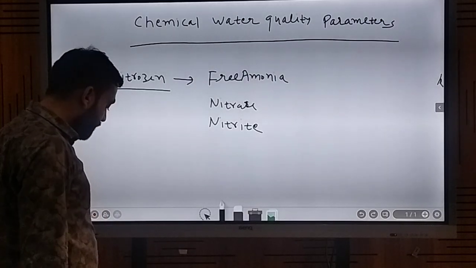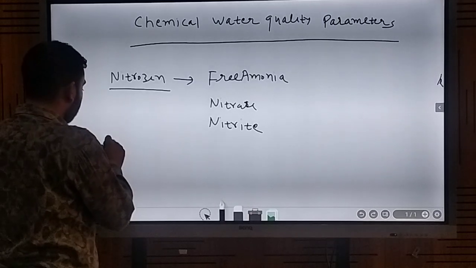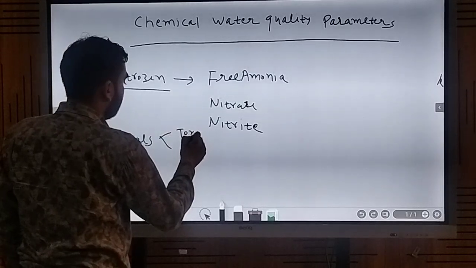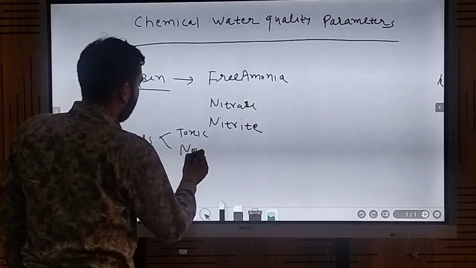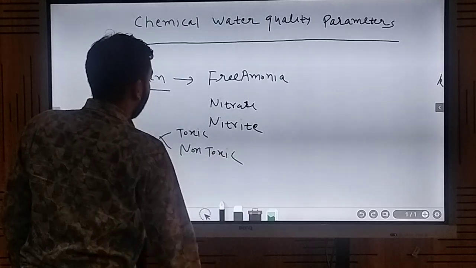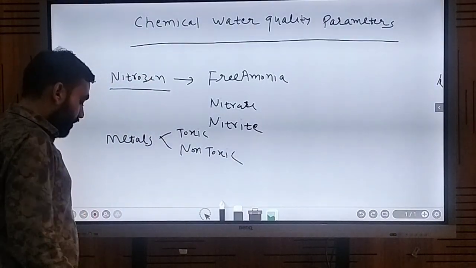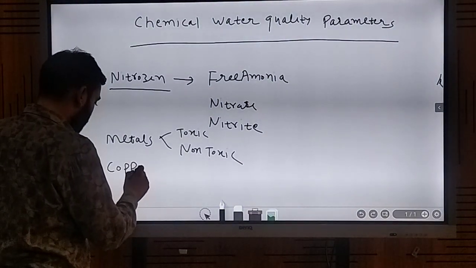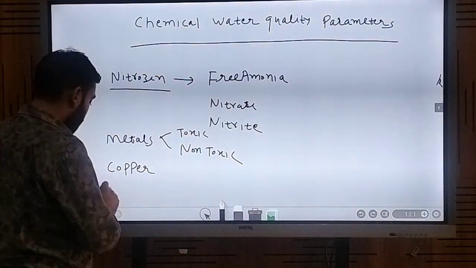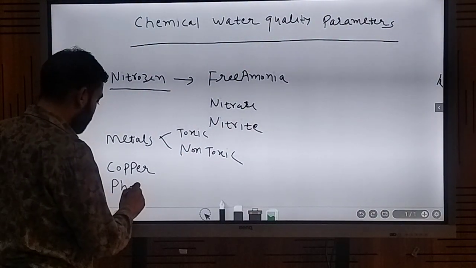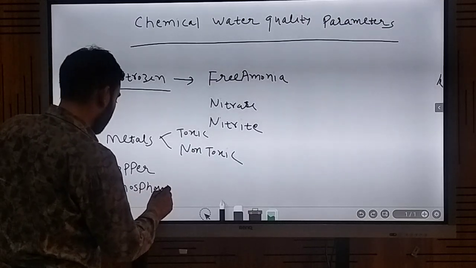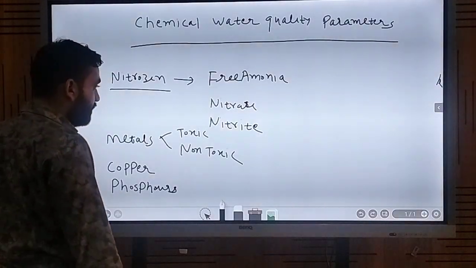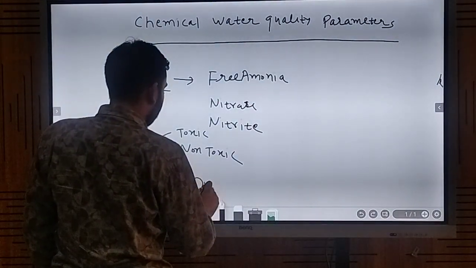The next chemical water quality parameter is metals, which may be toxic or non-toxic. Next are copper and phosphorus. The last chemical water quality parameter is dissolved gases.